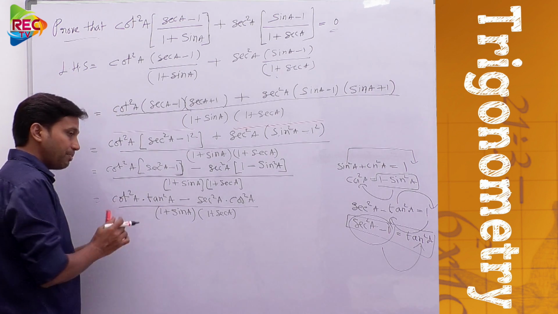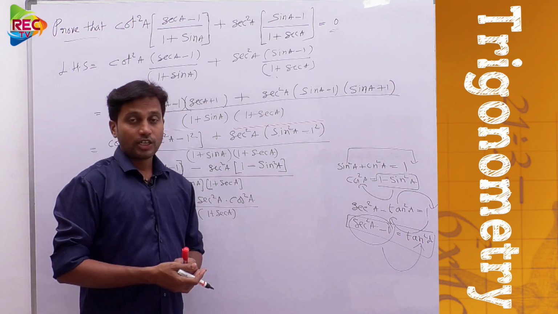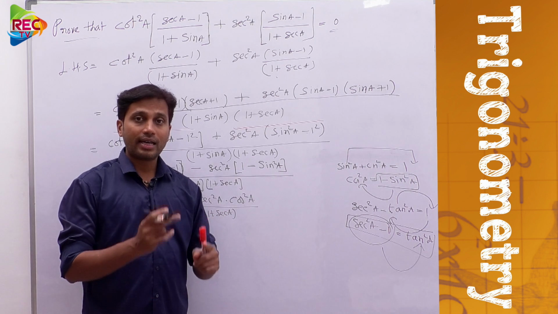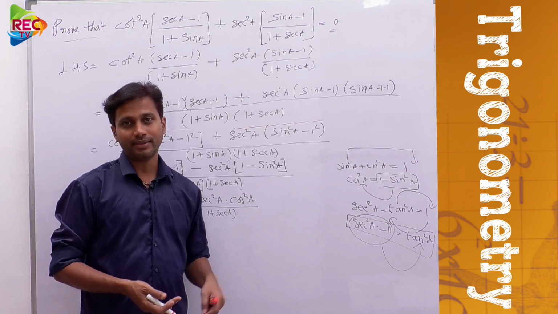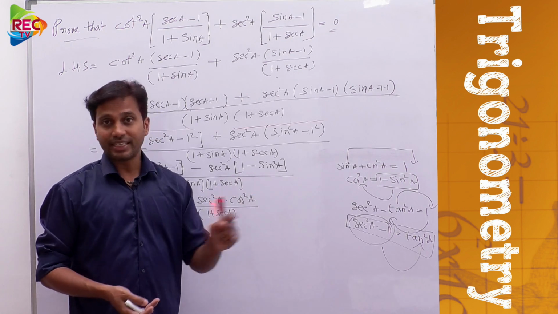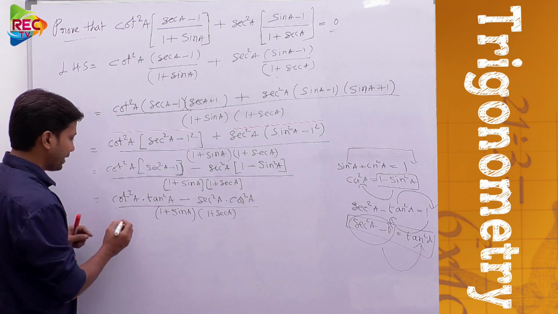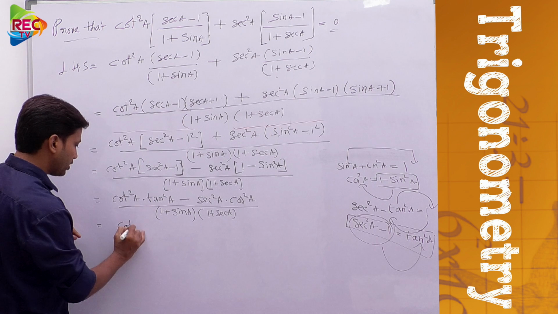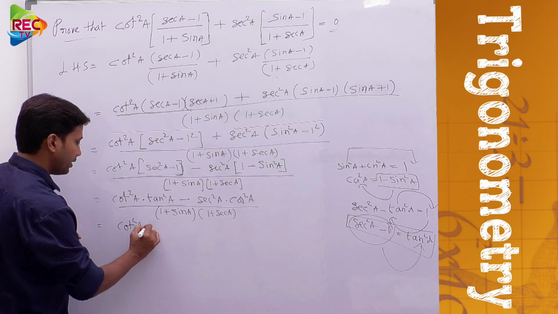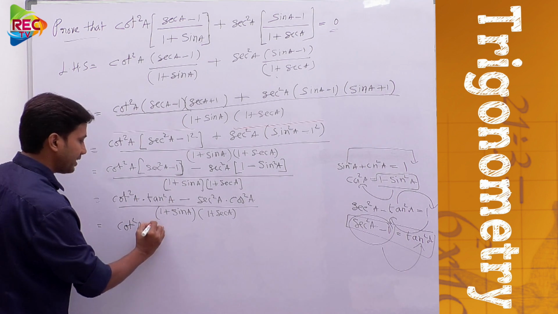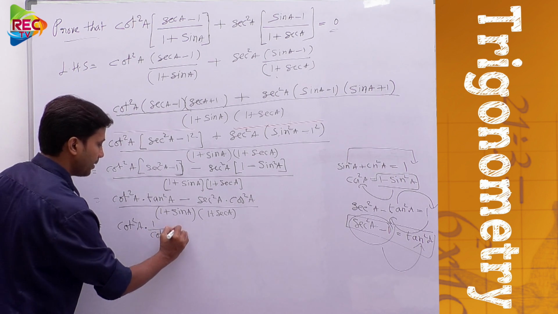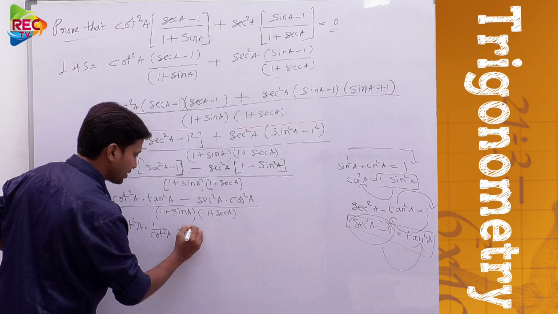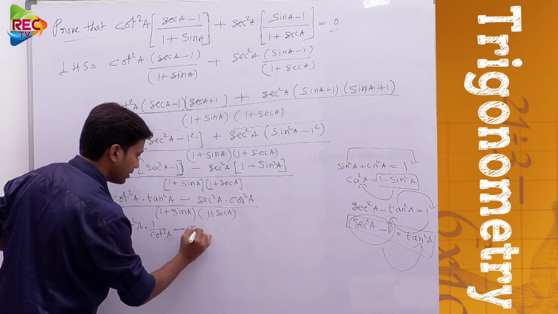What is the relation between cot and tan? Cot theta and tan theta are reciprocals of each other. So cot theta can be written as 1 by tan theta, and tan theta can be written as 1 by cot theta. So here, this is cot square A, into tan square A, which can be written as 1 by cot square A, minus secant square A, written as it is.